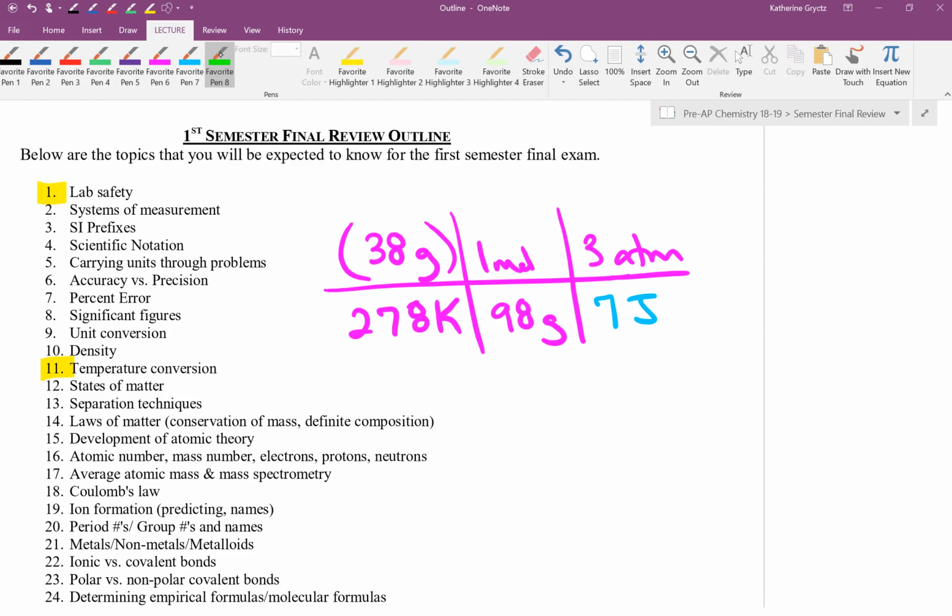I'm just throwing units together. The grams cancel, nothing else cancels, so I'm left with moles on top, ATM on top, Kelvin on bottom, and joules on bottom. Even though that means nothing, can you carry the units through and figure out that whatever's left on top is on top, and whatever's left on bottom is on bottom?